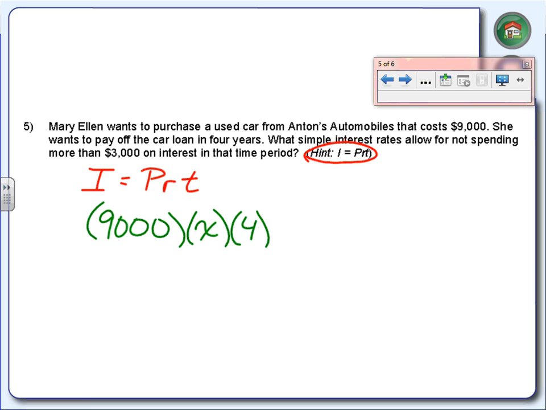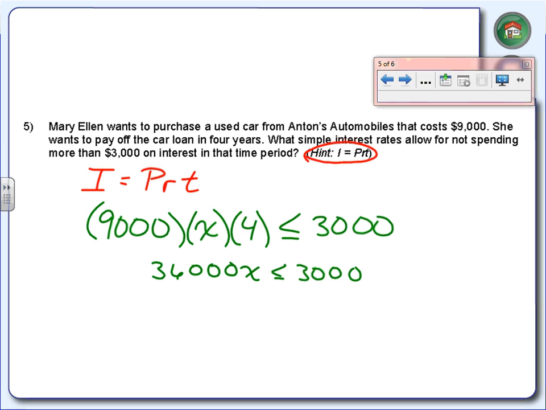Now it says here she doesn't want to pay more than $3,000 on her interest. So we want to make sure that it's either less than or equal to $3,000. All right, so let's see what we get here. If we multiply 9,000 times 4, 9,000 times 4 is 36,000. 36,000x is less than or equal to 3,000.